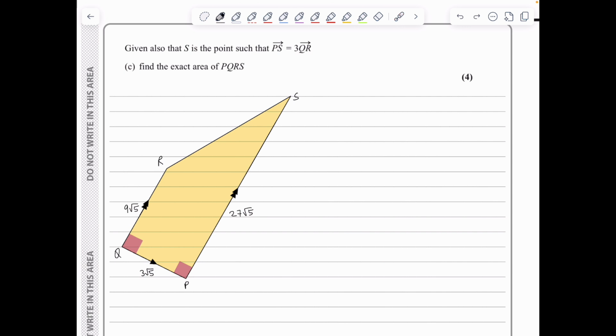So we're trying to find the area of PQRS, which is simply a trapezium. So I'll be doing base 1, which is 9 root 5, plus base 2, which is 27 root 5, over 2, times the height of the trapezium, which is 3 root 5. If I plug this on the calculator, I get an answer of 270 squared units for the area of the trapezium.